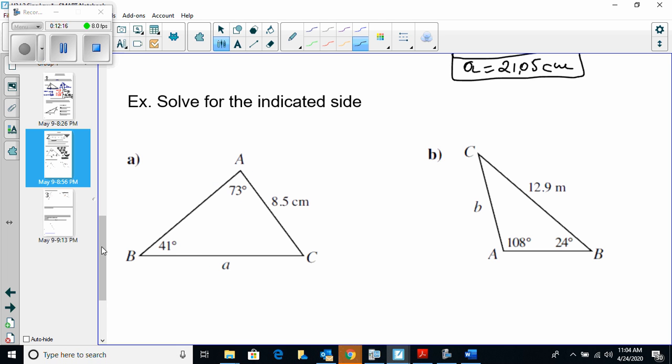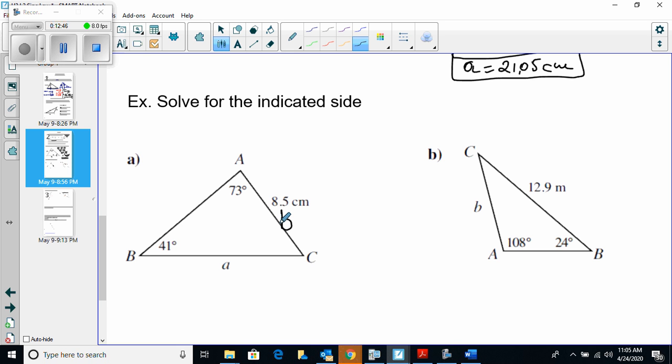So we have the triangle ABC. One angle is 41 degrees, one is 73 degrees, and we are looking for the length of BC, which, being the opposite of angle A, is the lowercase a. As a given, the length of B is 8.5 centimeters.